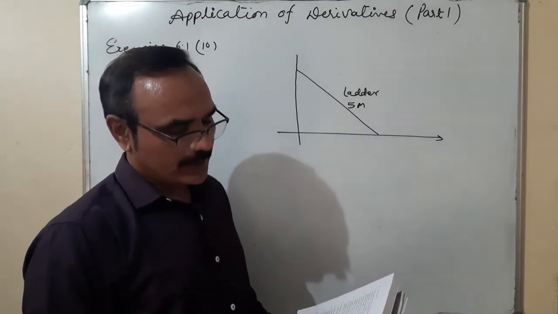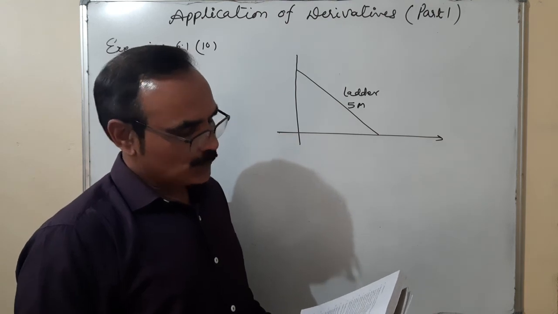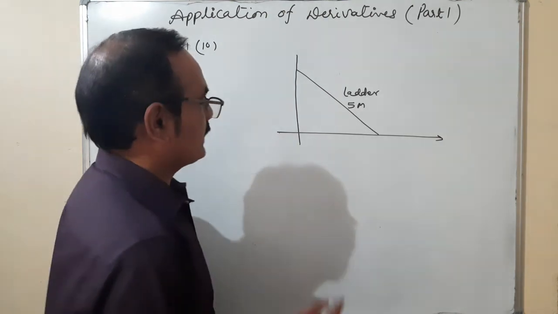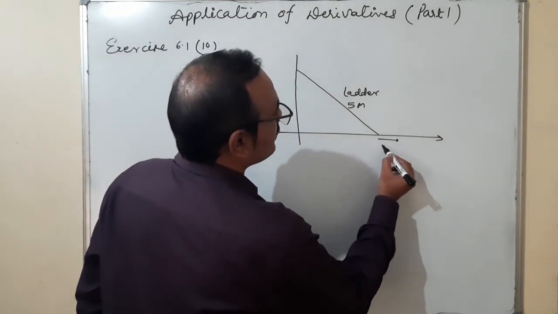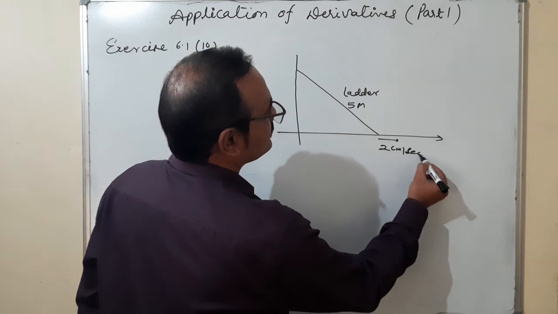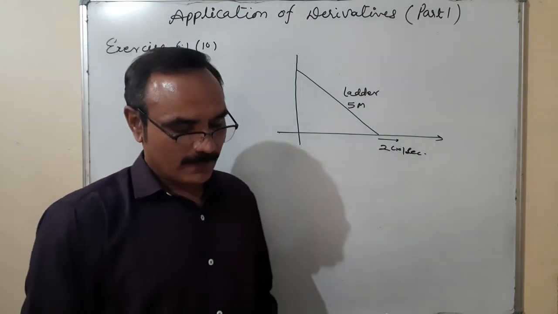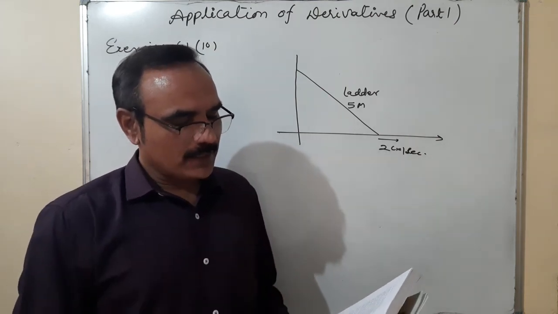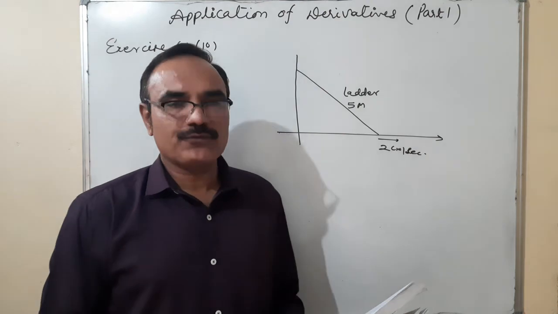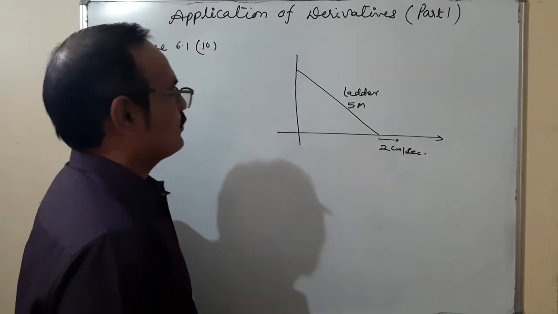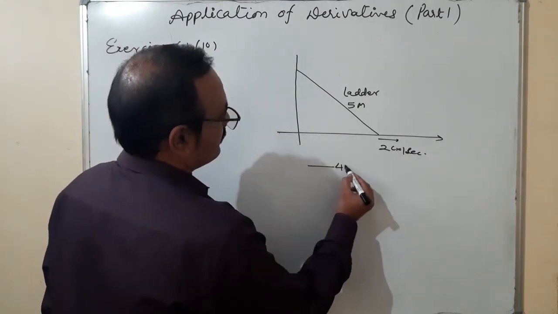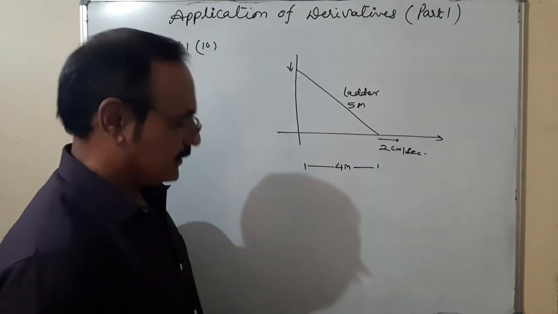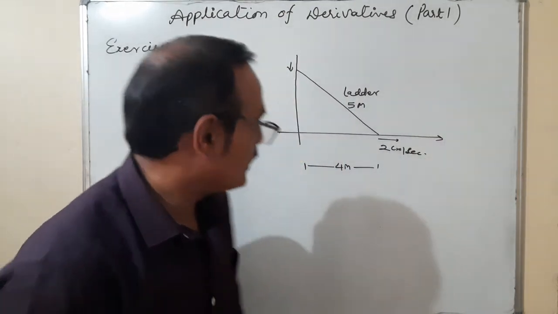The bottom of the ladder is pulled along the ground away from the wall at the rate of 2 centimeter per second. How fast is its height on the wall decreasing when the foot of the ladder is 4 meter away from the wall? It's a very interesting question. How fast is it decreasing?